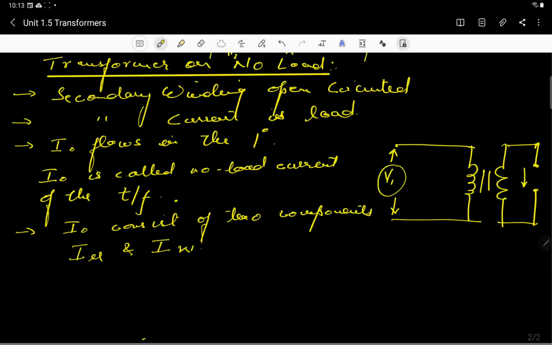Now what are I mu and IW? This I mu is called the magnetizing component, and this IW is called the active component.